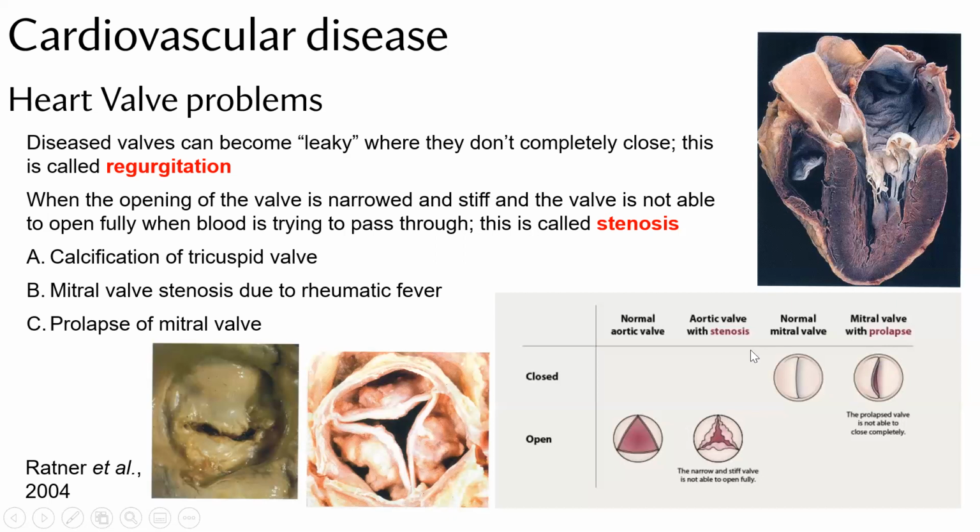And so that means you're going to have some leakage, which isn't going to get better through time. It's just going to get worse, as you can see. It's going to put the heart under more and more performance requirements.